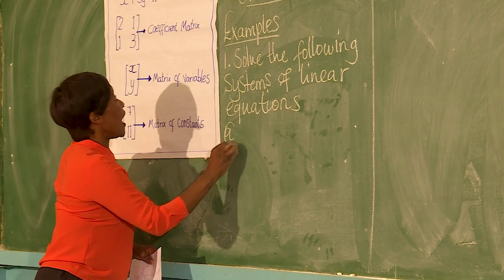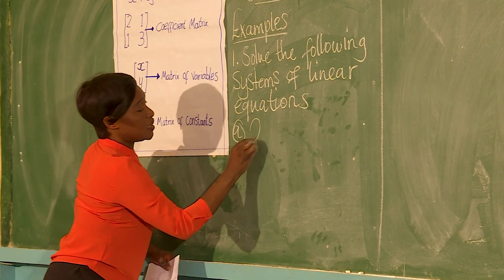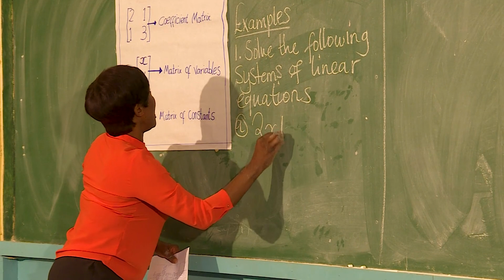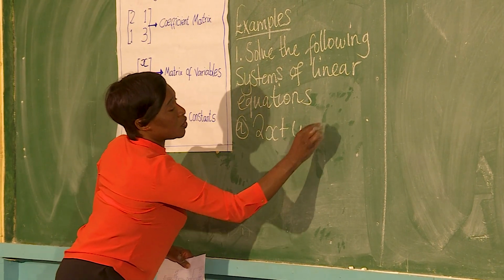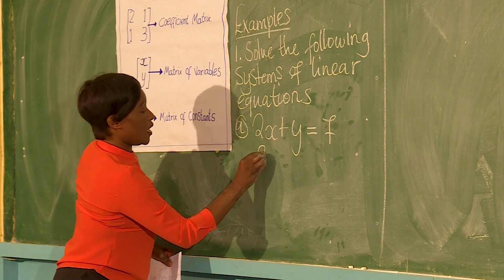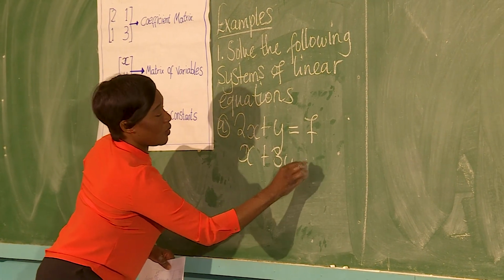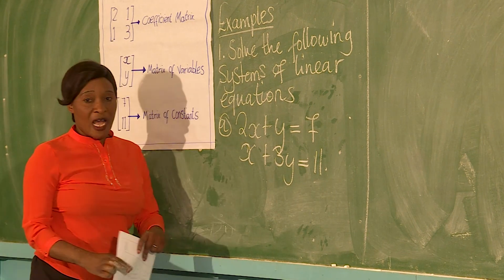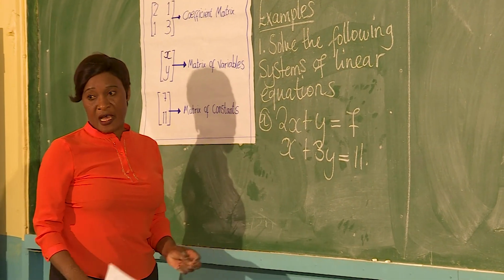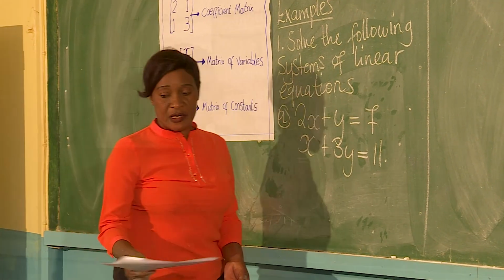So the first one, I'll pick the very one that is on the chart, which is 2x plus y is equal to 7. Then we have x plus 3y, which is equal to 11. So we have 2 equations there. Okay? Yes. All right.